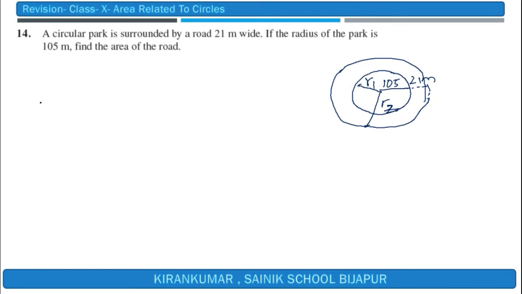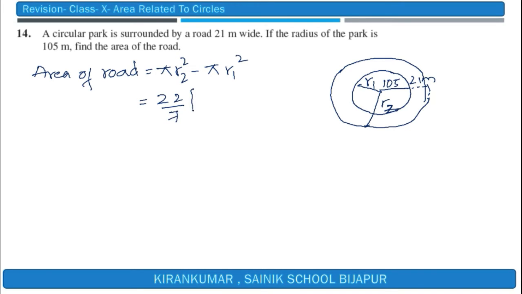So here the area of road will be the area of the park along with the road minus the area of park. That is pi r2 square minus pi r1 square. Since pi is common, I'll take that as common. Radii 2 is 105 added to 21, which is 126, minus 105, and this has to be squared.